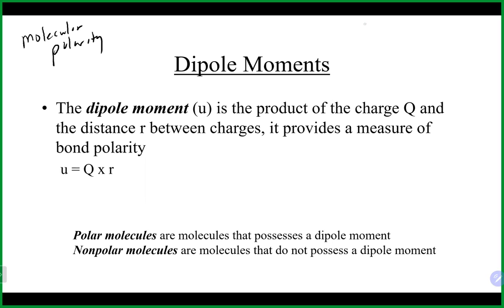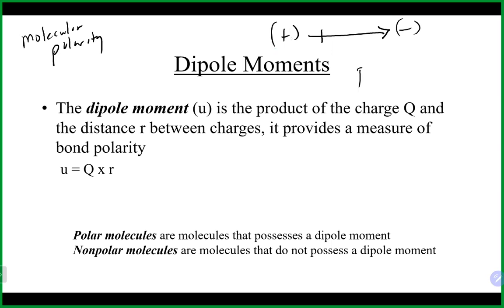If it is being shared unequally, it will have a dipole moment and it will be a polar molecule. That dipole moment is represented by the same arrow that we used when we talked about bond polarity and the differences in electronegativity values, where it points to the more negative side of the molecule, and this side is the more positive side.